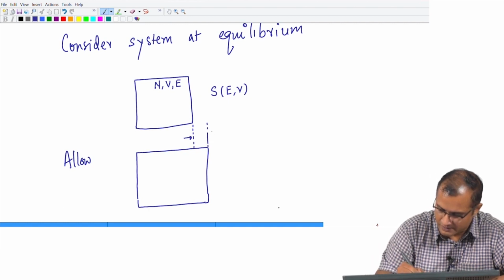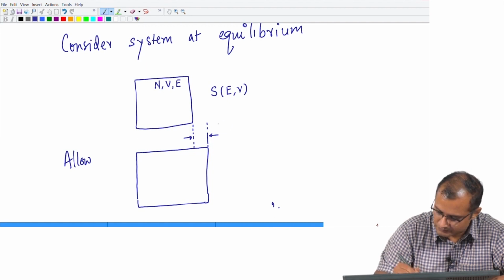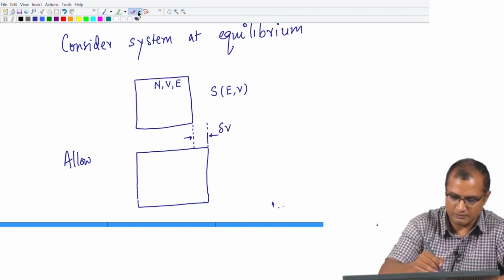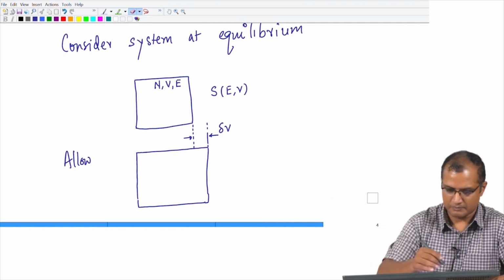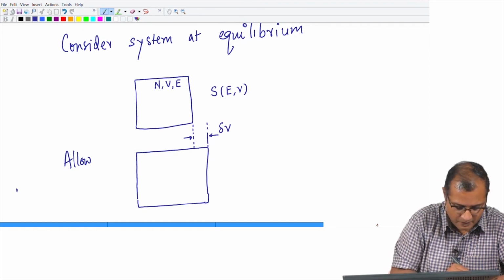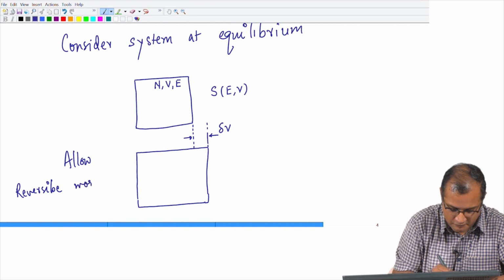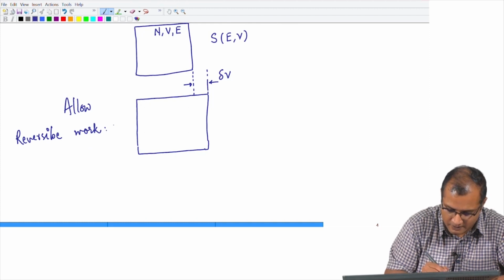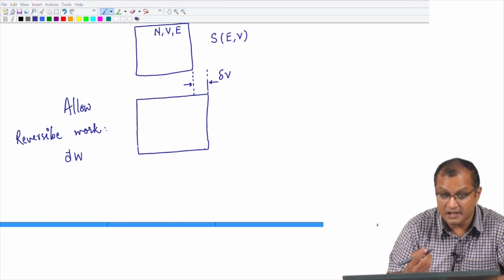So, there is some expansion of the system that I will address as delta V. There is some reversible work, and this reversible work is basically an inexact differential.